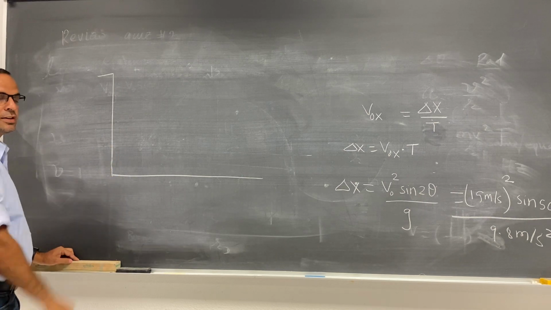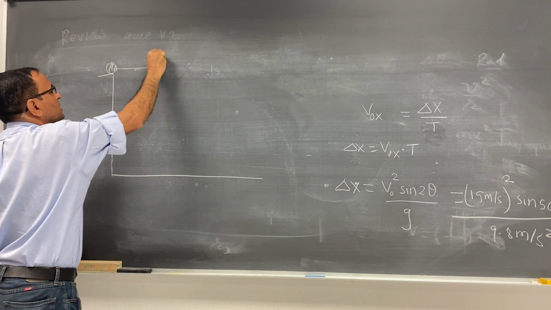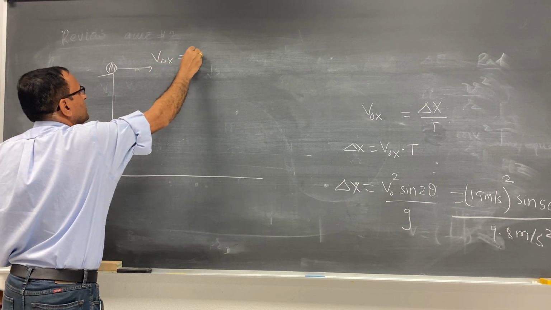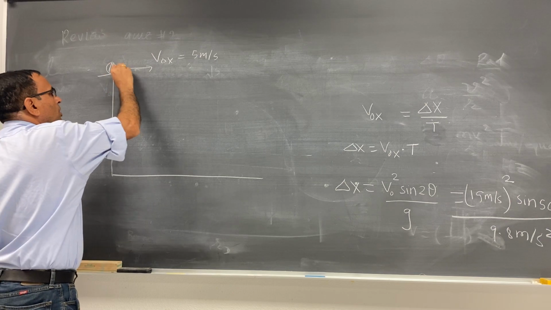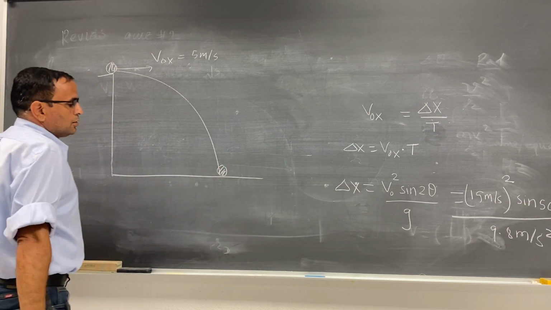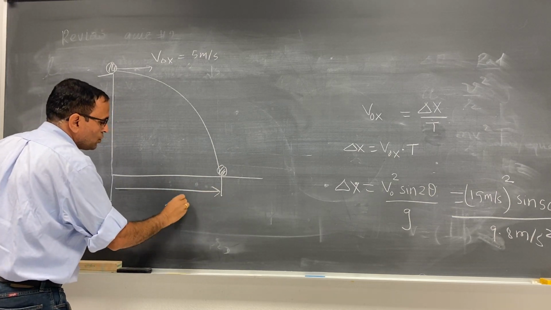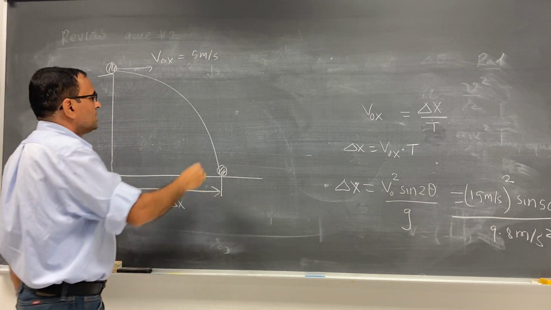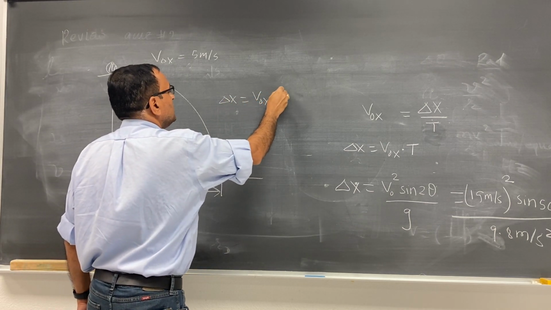Another example is, let us suppose this is the ground, and this is a tower. You throw the object from here. Let us suppose the horizontal velocity v0x is, let's say, 5 meter per second, and the ball goes like this. What is this? This is also delta x. So what you have to do here is, your delta x is equal to v0x times t.